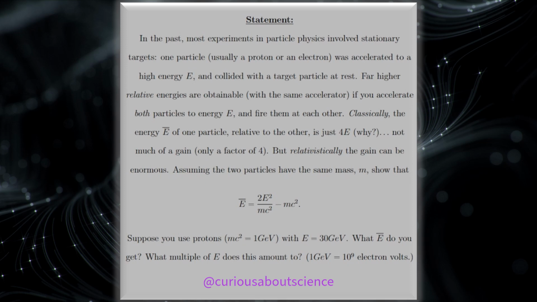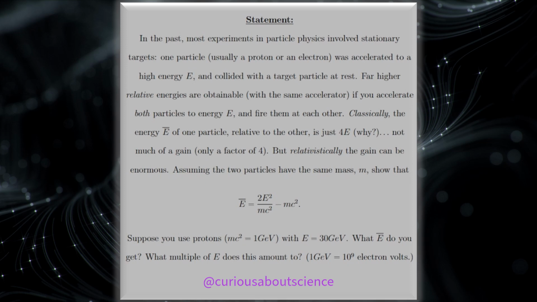The statement reads: in the past, most experiments in particle physics involved stationary targets. One particle, usually a proton or an electron, was accelerated to a high energy E and collided with a target particle at rest.